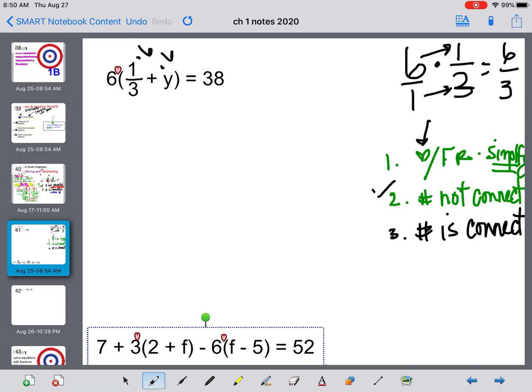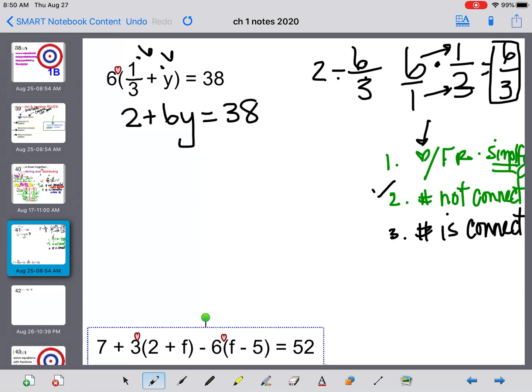And remember, if I have a fraction like this, 6/3, I can go ahead and do that division and reduce that even more. So when I multiply 1/3 by 6 over here, I'm going to get 6/3, which is just 6 divided by 3, which is 2. So 1/3 times 6 is 2. 6 times a positive y is just positive 6y. And that equals 38.